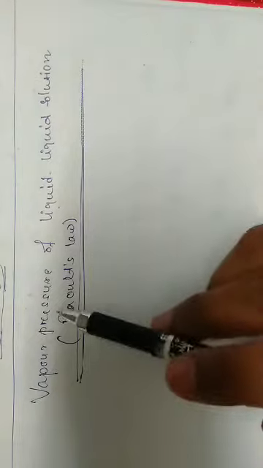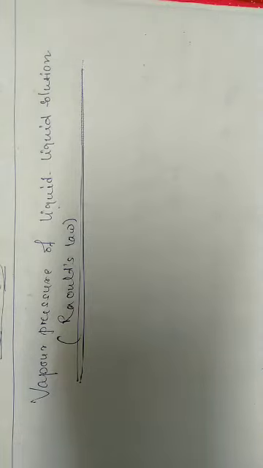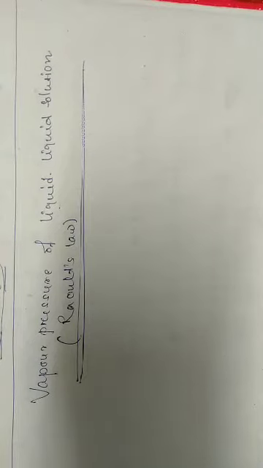So vapor pressure is related to liquids which are volatile in nature. What type of liquids are called volatile liquids? Those liquids are called volatile liquids which vaporize on heating. The liquid that vaporizes on heating is called a volatile liquid.